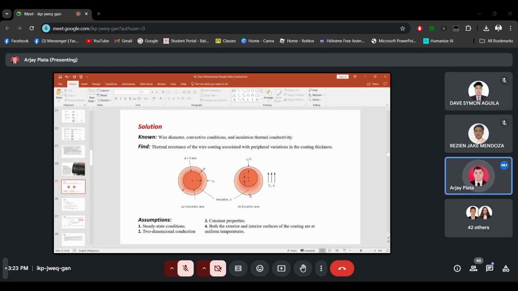What will be the value of the thickness here? If this is 10.5, this is 21 plus 10.5, 31.5. Okay, so that's it.